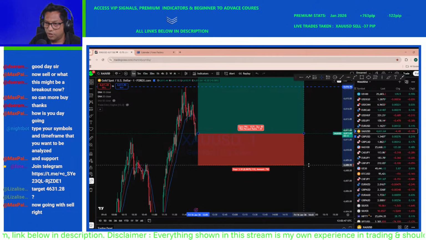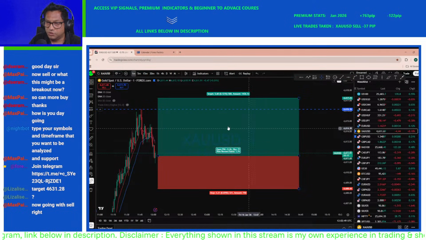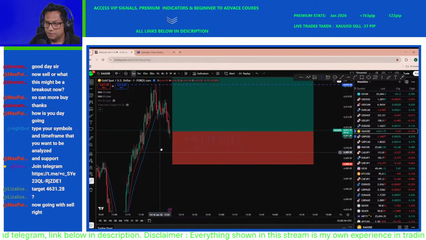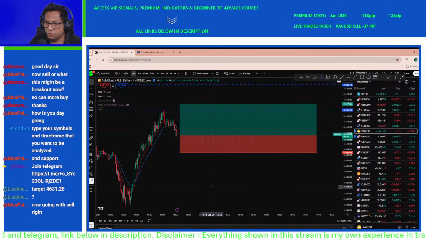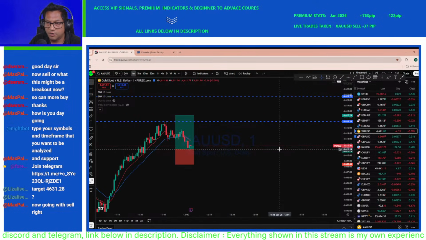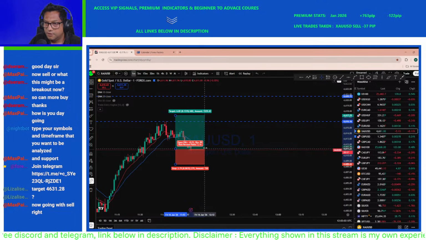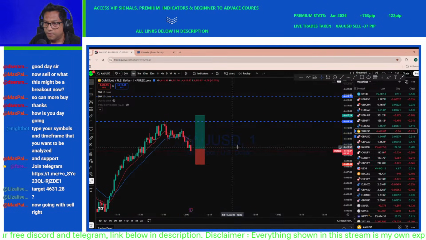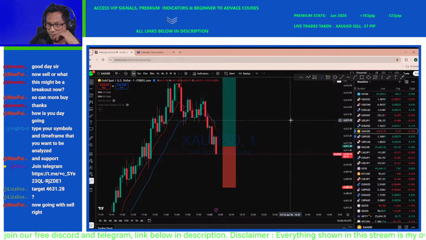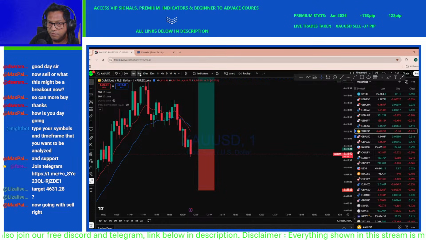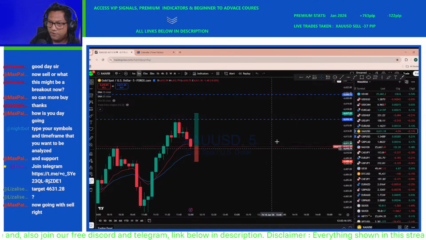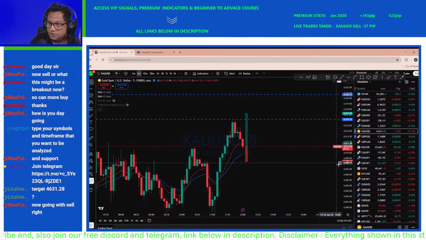We need a little bit wider stop loss because there is significant fluctuation, and if you have a tight stop loss, it's always better to manage the risk accordingly. Let's see what kind of price action it creates. There is still a possibility for another bounce.